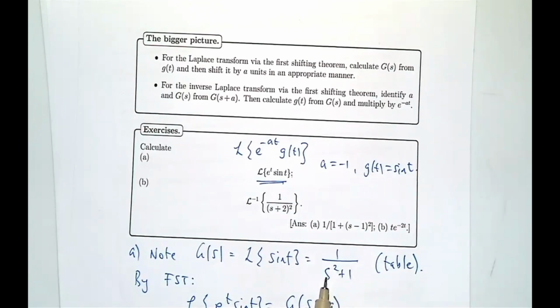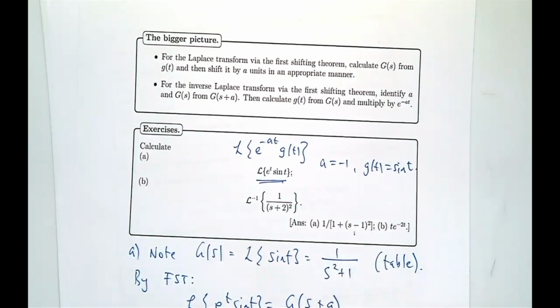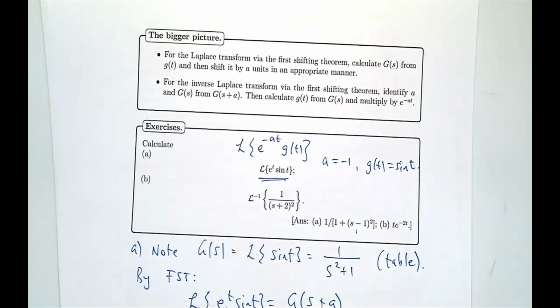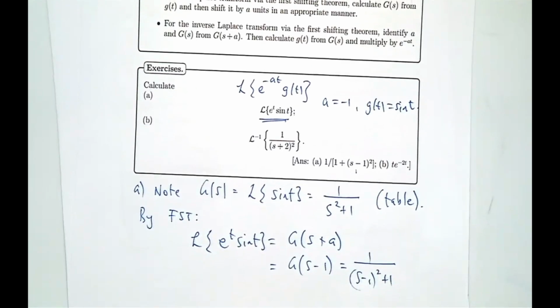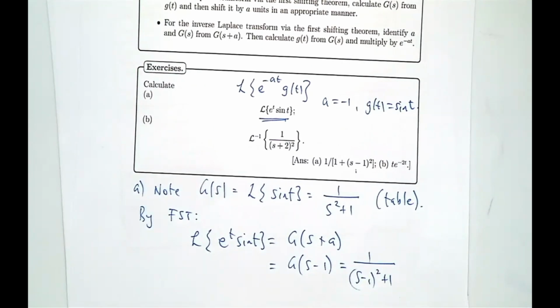So I'm going to take s, replace it with s minus 1 in brackets, and I'll get this. Sorry, let me just push that into screen. Do I need to simplify that? Not really. It's probably better if you don't. You can clearly see the shift.